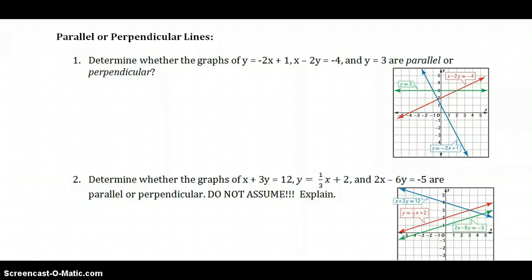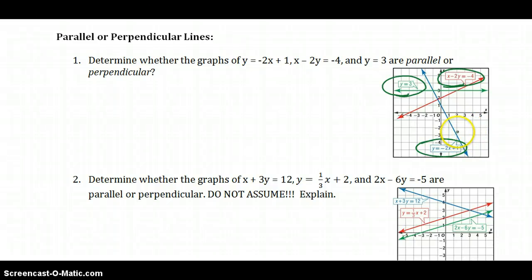Okay, on the back, determine whether the graphs of y equals negative 2x plus 1, x minus 2y equals negative 4, and y equals 3 are parallel or perpendicular. Well, you would think you would know by looking at them that none of them are parallel. So that's obvious.